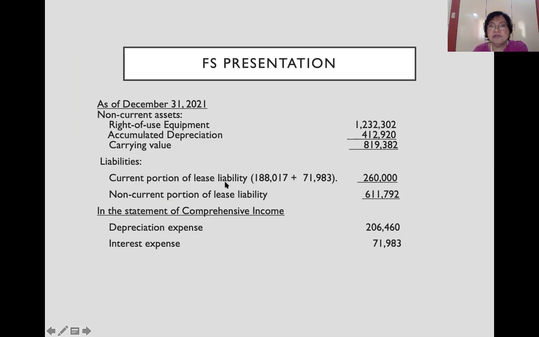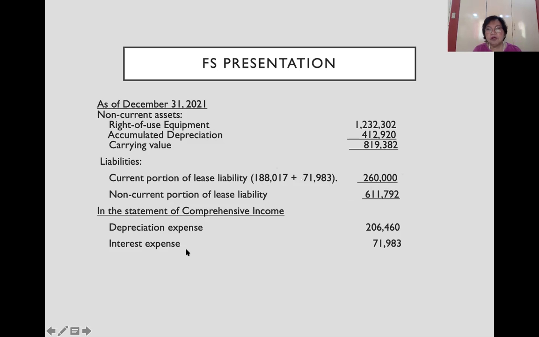Okay, therefore, the current portion of the lease liability again is the portion of the principal that will be paid next year. So next year is 2022. And the amount of accrued interest as of December 31, 2021. Therefore, that's a total of 260,000. Then the remaining portion of the lease liability is classified as non-current.